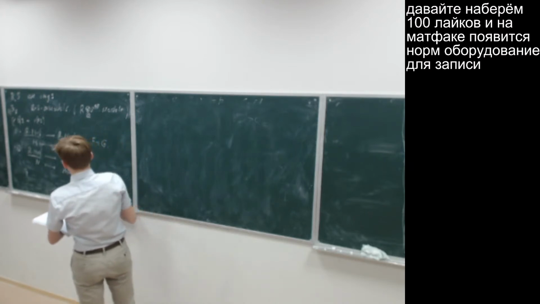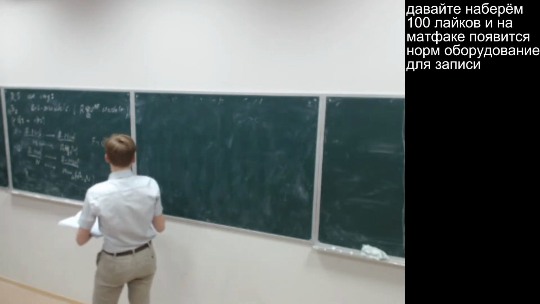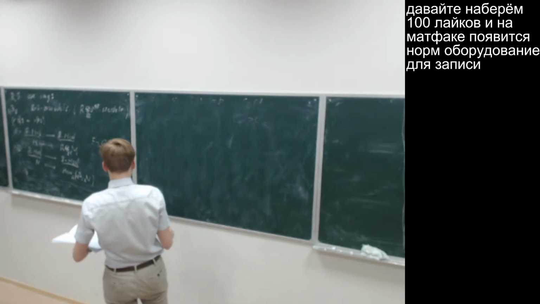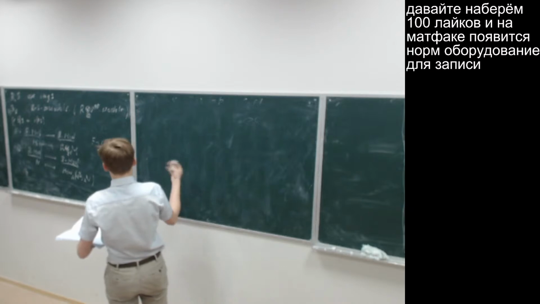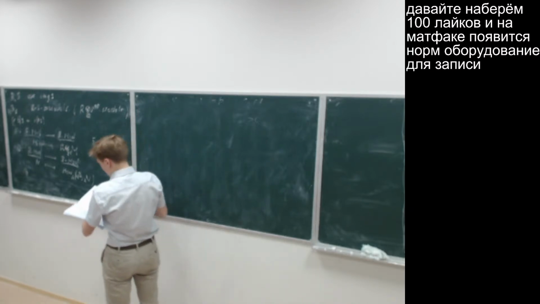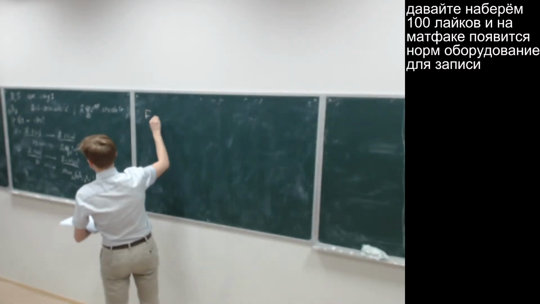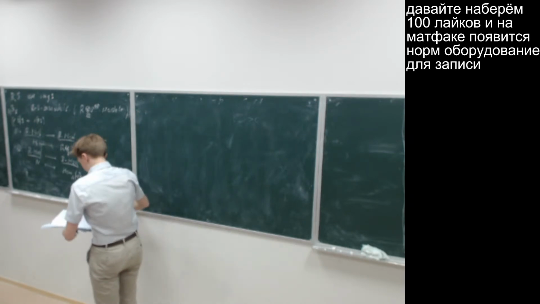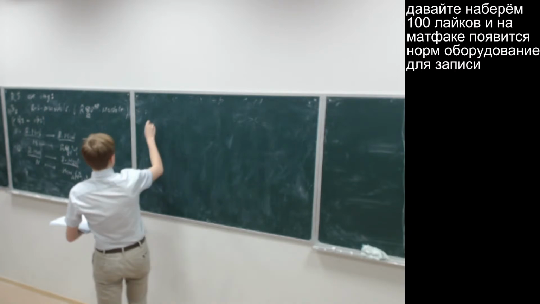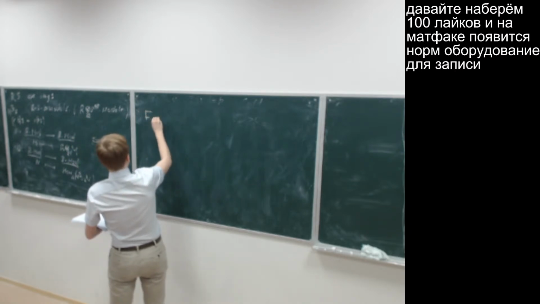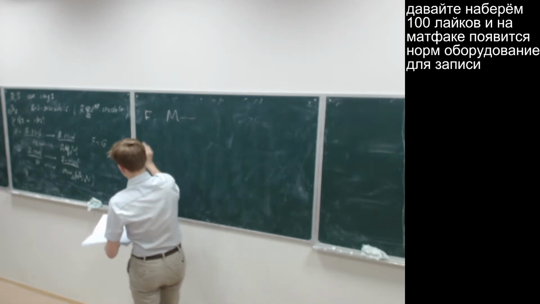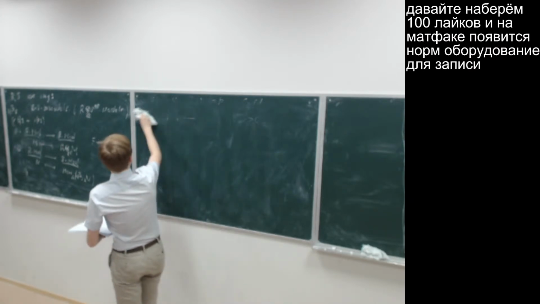So what we have here, just for the sake of clarity of the notions, let's say that they are already defined. So what do we have here? F is, in some sense, well, I won't rewrite it once again.